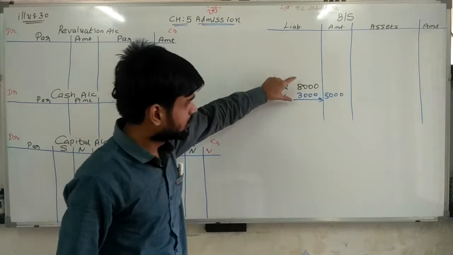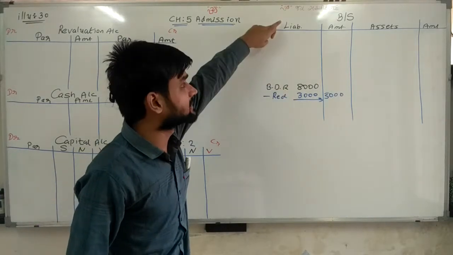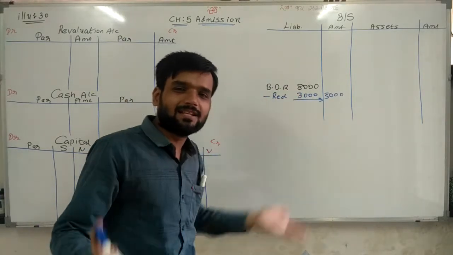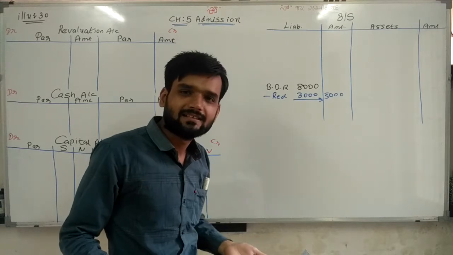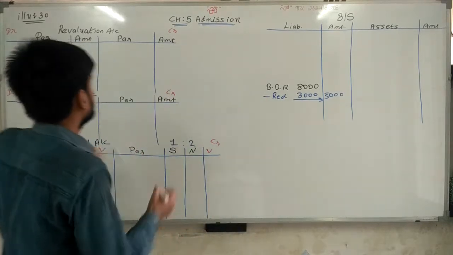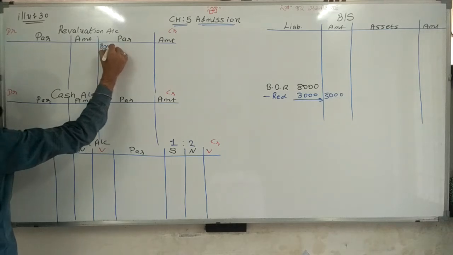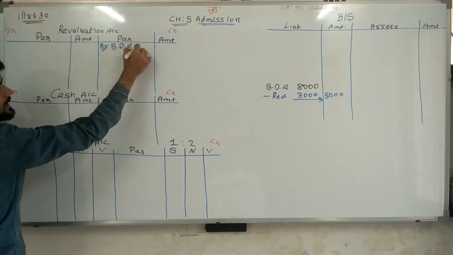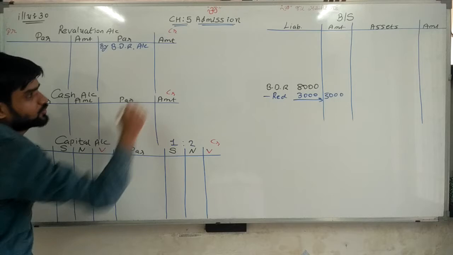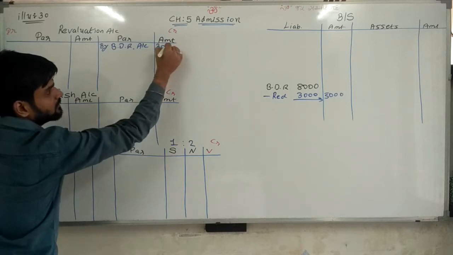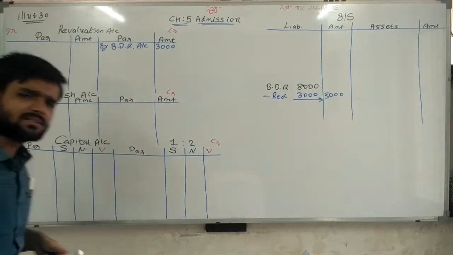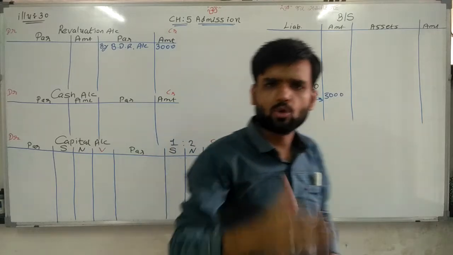Now this 3,000 is a liability. Liability decrease means happy. Simple. Happy means revaluation account is credited by bad debt reserve account 3,000 rupees. That's it. Going ahead.